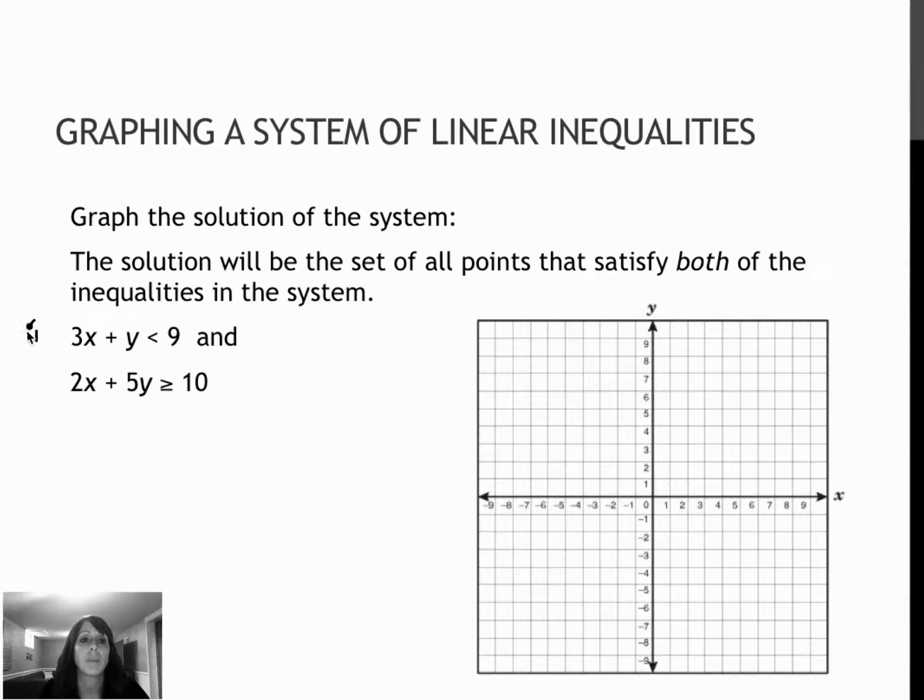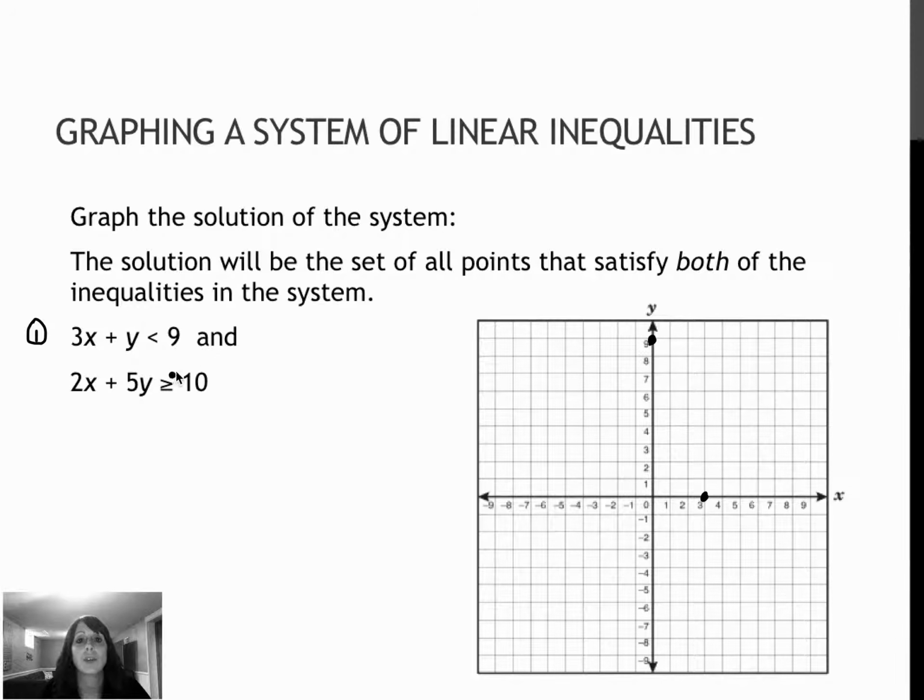So we're going to start by graphing this first inequality. I'm going to use a cover-up method on this one to get that if I cover up 3x, then y equals 9. And if I cover up y, then 3x equals 9, so x is 3.